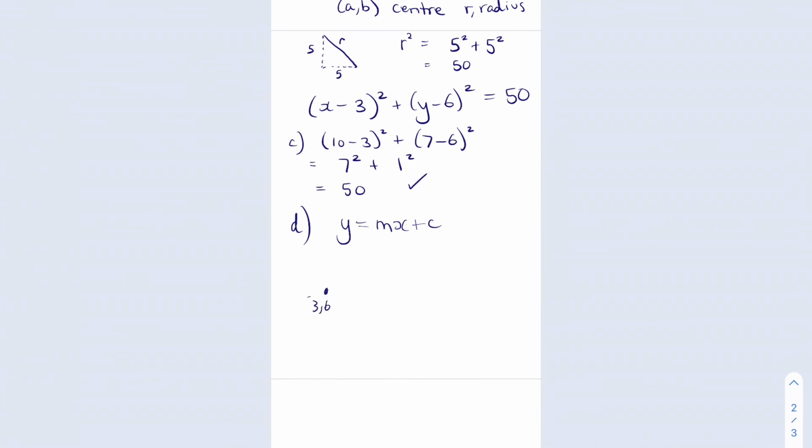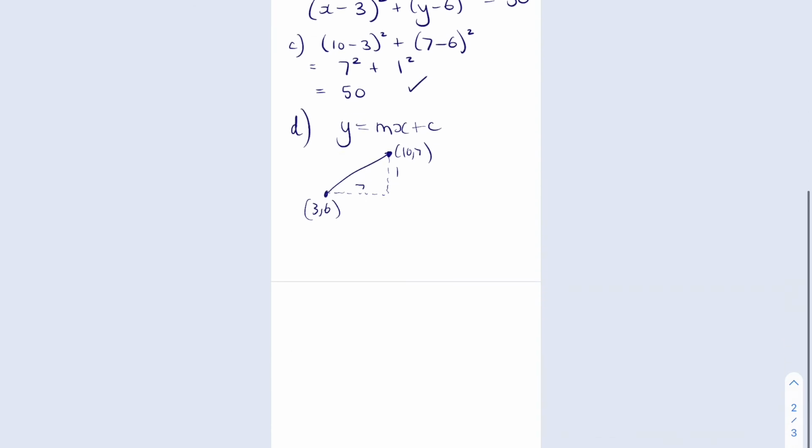So let's just write that here. 3, 6 and 10, 7. I've exaggerated it a little bit. Gradient of this, rise is 1, run is 7. So the gradient of this one is rise over run, 1 over 7.